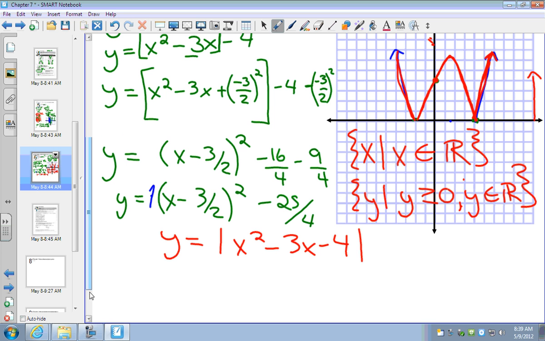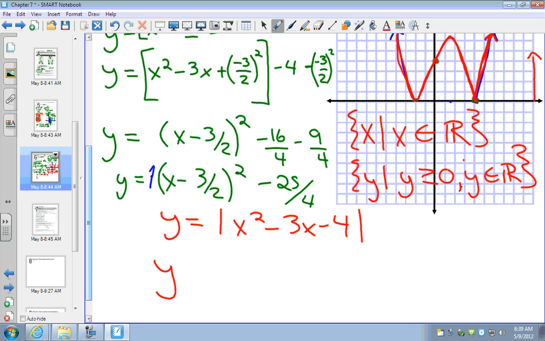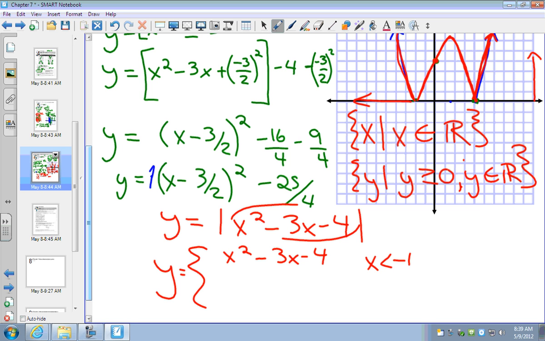I'm going to say y is equal to, and it looks just like x squared minus 3x minus 4, so just this graph right here, whenever x is less than negative 1, whenever x is over here, and also over here, whenever x is greater than 4.